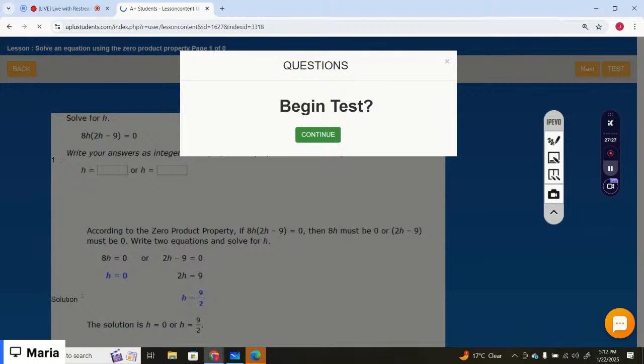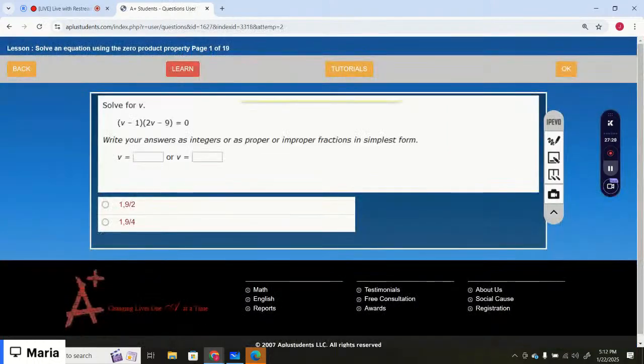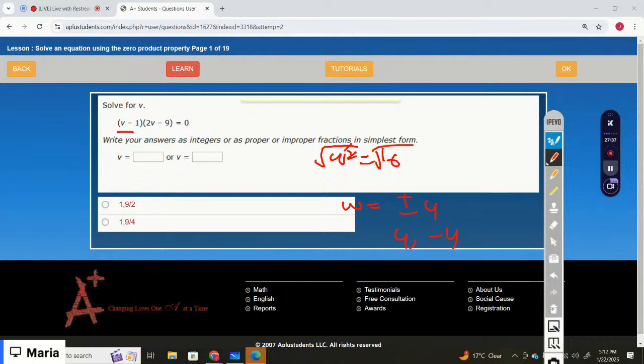Let's just start with the test questions. Solve for v. So you have v minus 1 times 2v minus 9 equals 0. So we have v minus 1 equals 0 and 2v minus 9 equals 0.